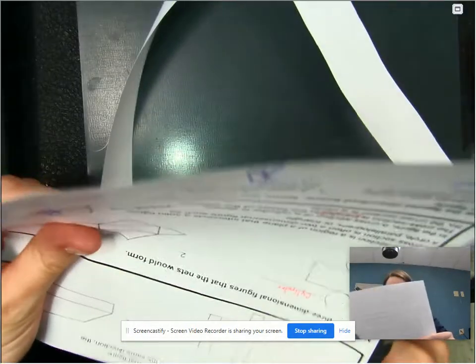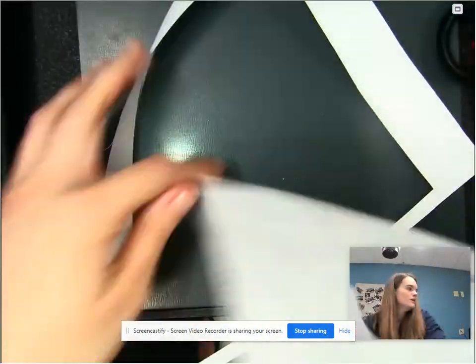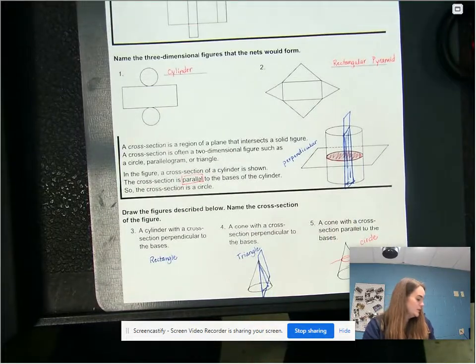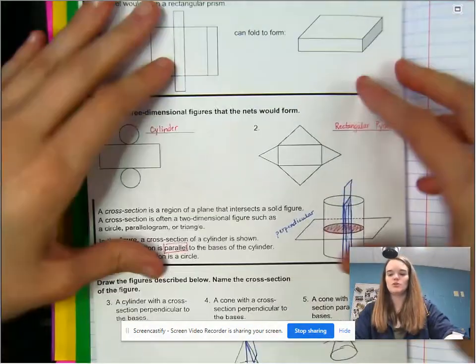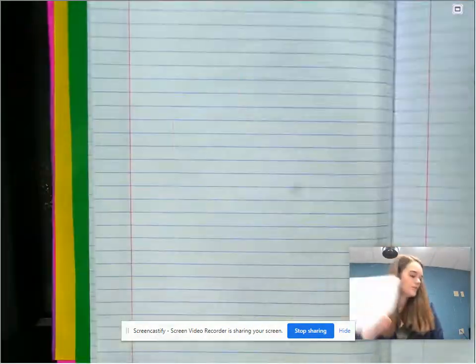And then we're going to do some more examples. Let's cut it and glue it to 142. That should fit just about right. Close.